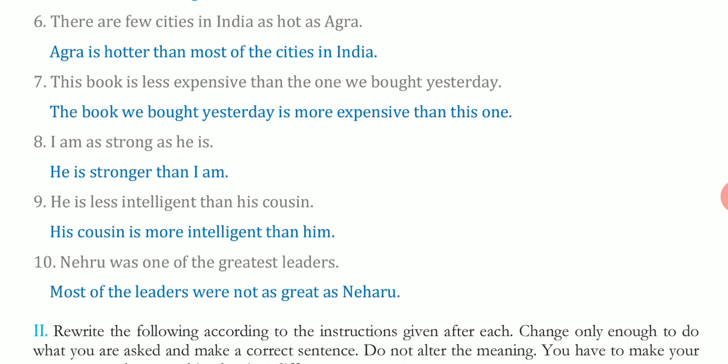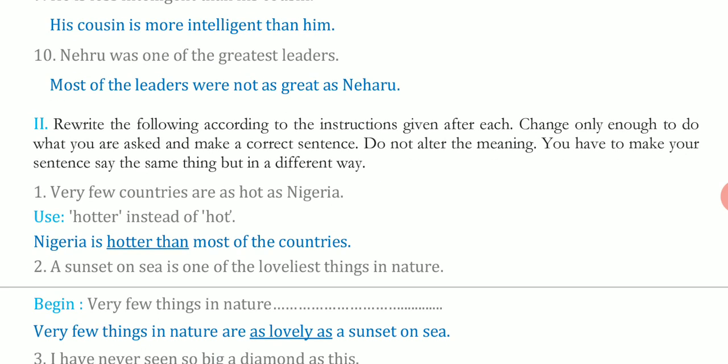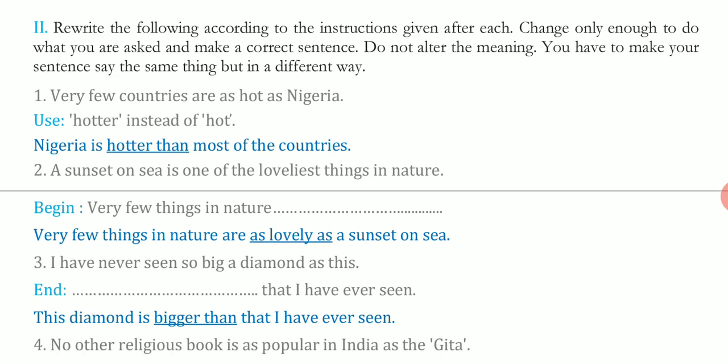Nehru was one of the greatest leaders. Superlative degree. Most of the leaders were not as great as Nehru. That is positive degree. Only after looking at the word great can you see this. This is positive. You should know how to identify the degree.